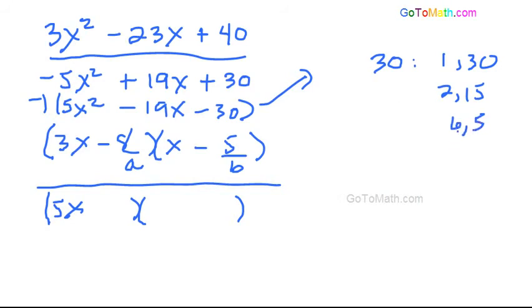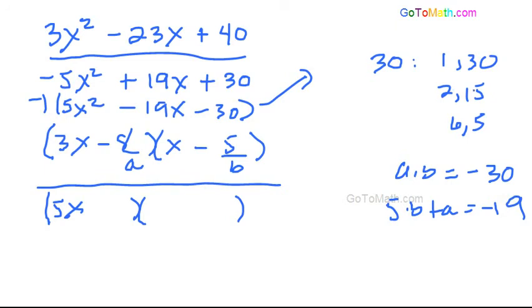Okay, I think that's going to be it. A times B is equal to negative 30, and we're going to have 5 times B plus A, and that's going to be equal to negative 19.